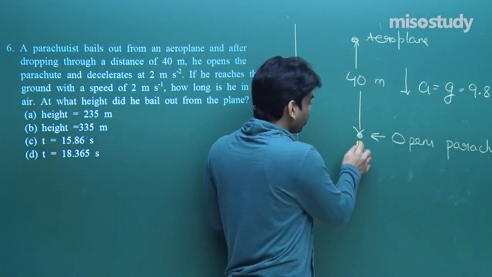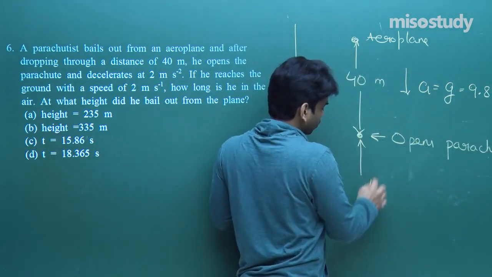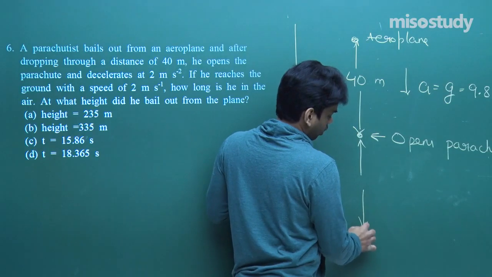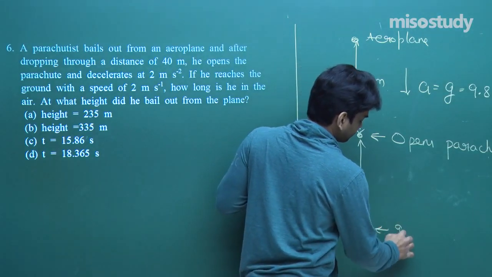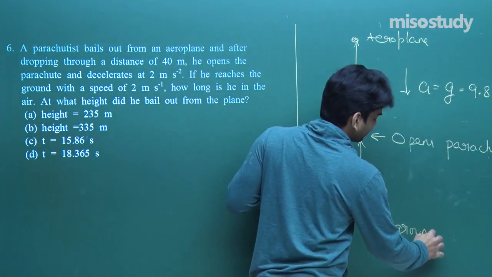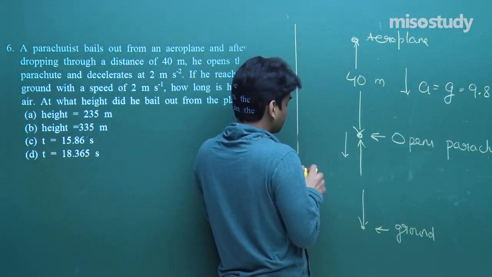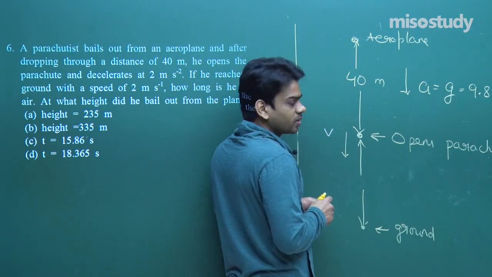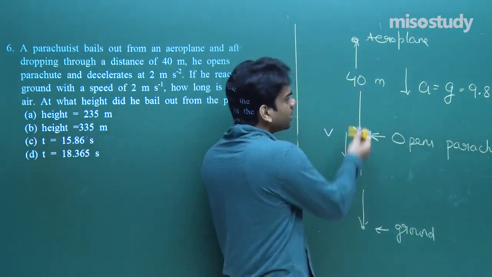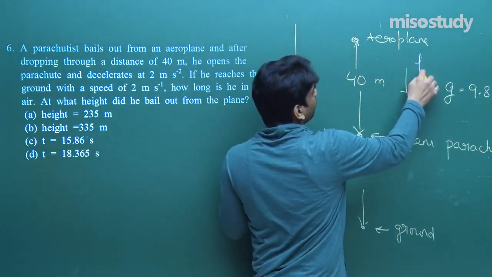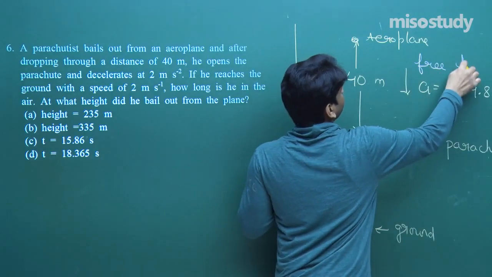Now for this motion from here to ground, he decelerates. Here he'll have some velocity, let me mark this velocity as v. At this point he'll have some velocity because it is a free fall motion.